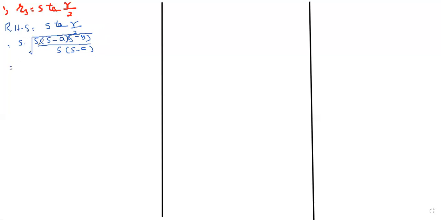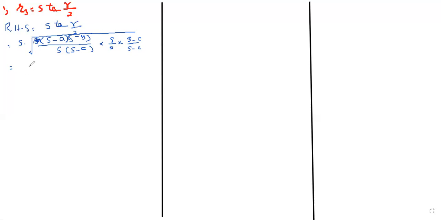Now just put this inside, it will be S square then. Or we just multiply and divide by S and multiply and divide by S minus C inside the root. Now what will happen?